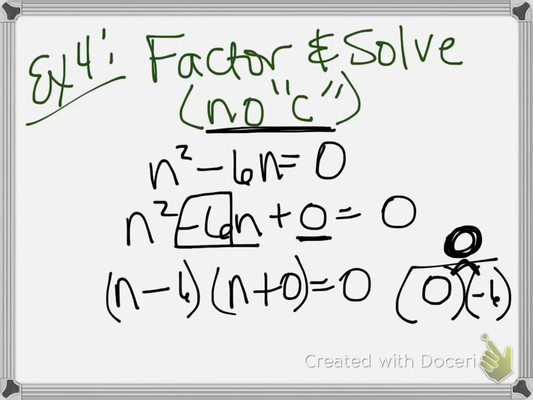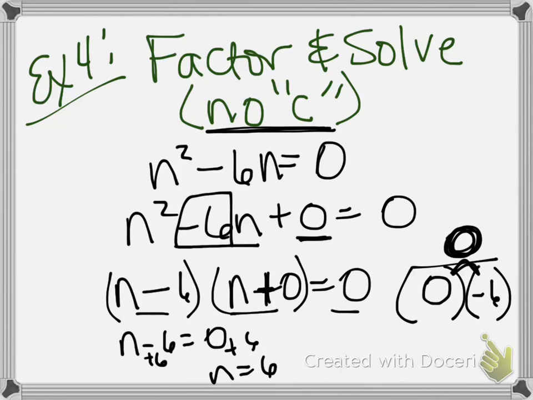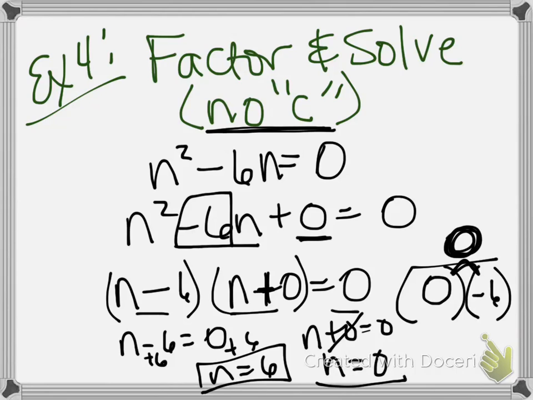You could also have done this as minus 0, either way. Now, my two factors, when I set them equal to 0, n minus 6 equals 0. When you add 6 to both sides, you get one solution as n equals 6. When I do n plus 0 equals 0, all I have to do is drop the 0 off, because n plus 0 is still just n.